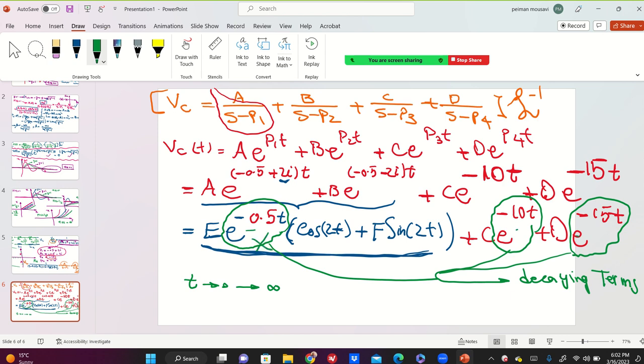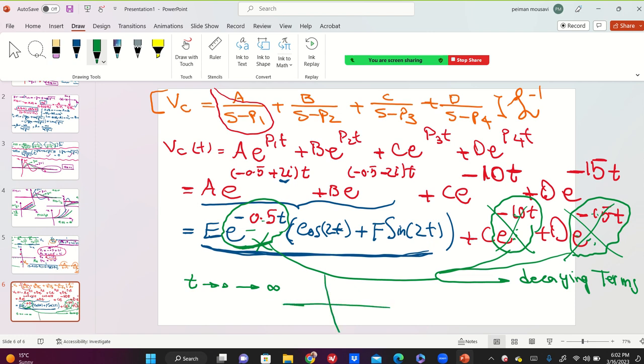This term or these two? Yeah, these two vanish fast, because this is almost 20 times of this. 10 is 20 times of 0.5, that's right? And this is almost 30 times of 0.5. So these two vanish very fast compared to this term. This is high school, not control. Yes or no? Everybody understand this?